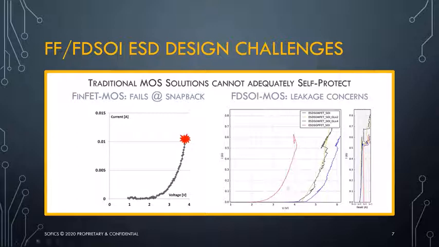For FDSOI on the right hand side, the red curve here is a PMOS device, and those other three curves actually are NMOS devices. At first sight, one would think this is something reasonable to work with. However, when we look at the leakage evolution, we see a different story.